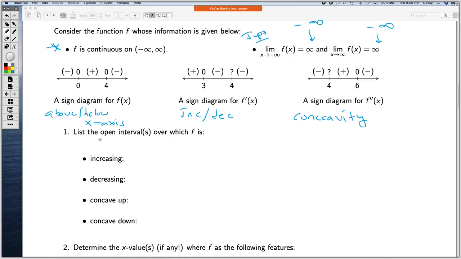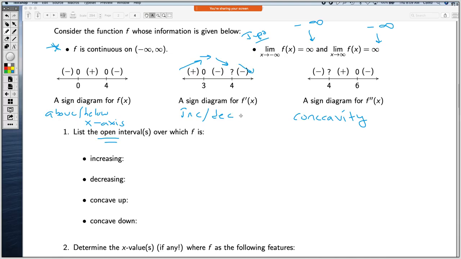So it asks us to find the open intervals over which f is increasing. So looking here, increasing means I'm looking at the first derivative. I've got the first derivative positive. Think positive first derivative, positive slope. A line with a positive slope is increasing. And then at 3, it levels off, 0 slope, and then it's decreasing to 4, and then it's decreasing after 4.